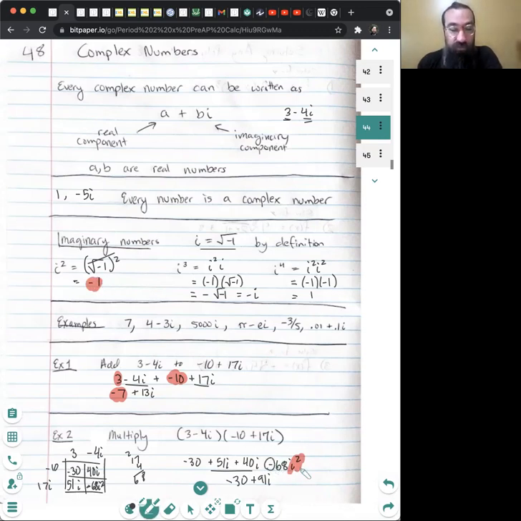So this negative and this negative, because those are both negatives, that gives us a double negative. What is a double negative? It turns into a positive. So we're adding 68. So what is negative 30 plus 68? That's positive 38 plus 91i. And that's it, we're done.